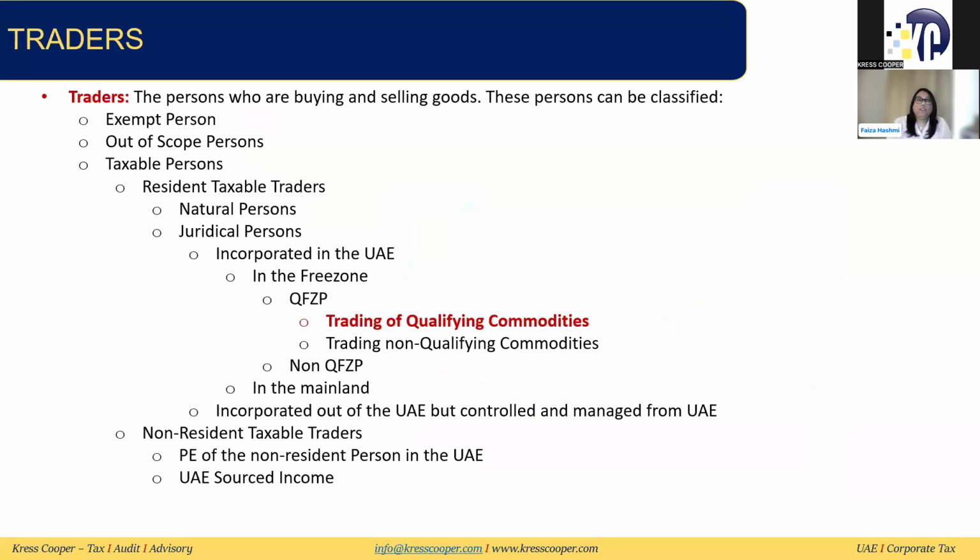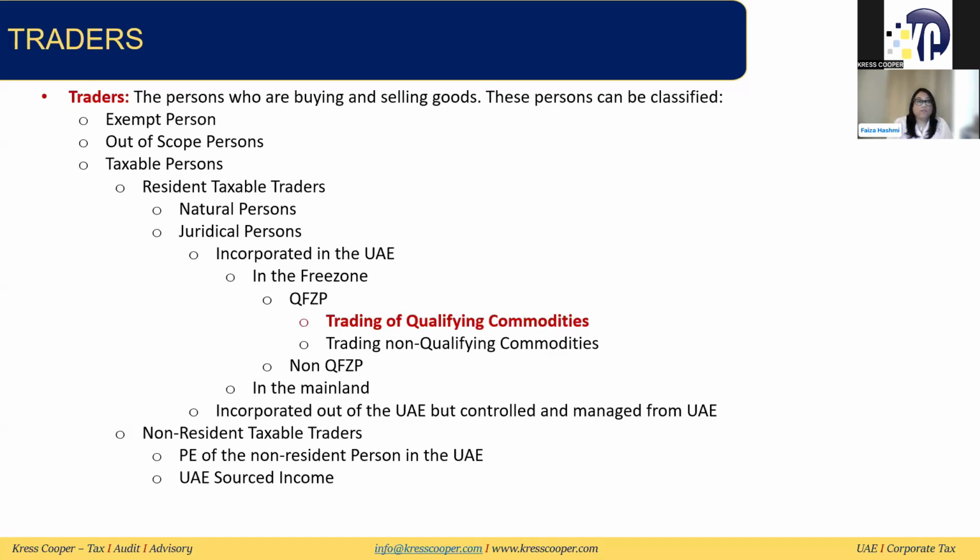Now these traders can further be classified into exempt persons under the law, out of scope persons, or taxable persons. Further, taxable persons can be either resident taxable traders, who are considered resident of UAE under the corporate tax law, or non-resident taxable traders, if they are considered resident of some other country other than UAE.